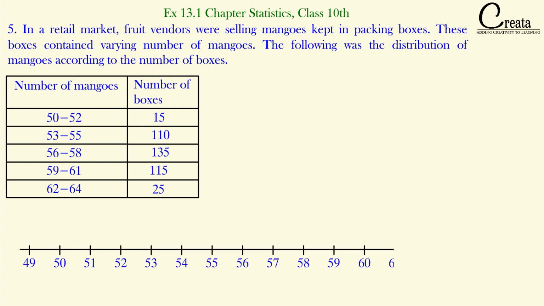Let's take a number line and have the numbers from 49 to 65 just for reference. These all are the numbers of mangoes. In the first case, 50 to 52 mangoes are in 15 boxes. So what is the range 50 to 52? This will be the range from 50 to 52. 52 is not included, so I have kept the line slightly below 52.